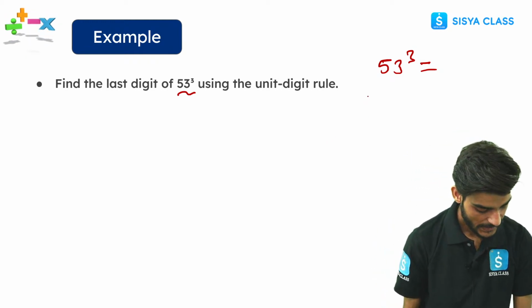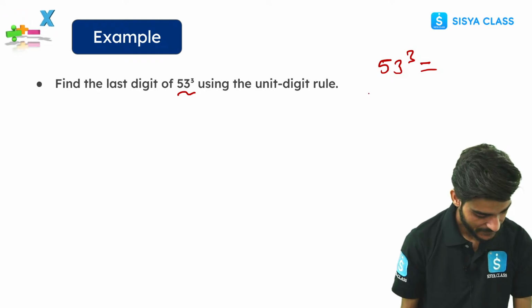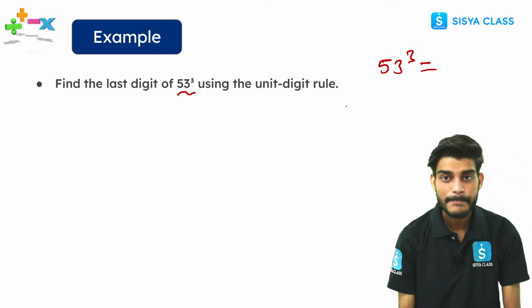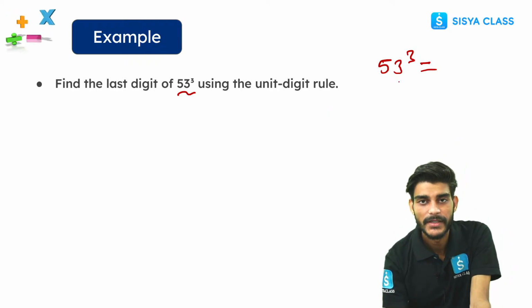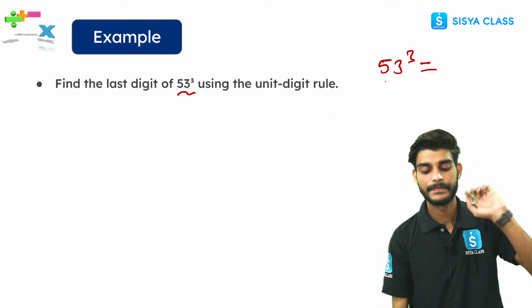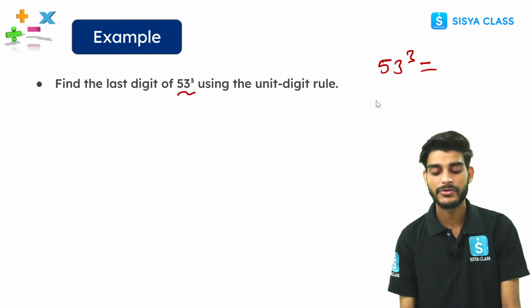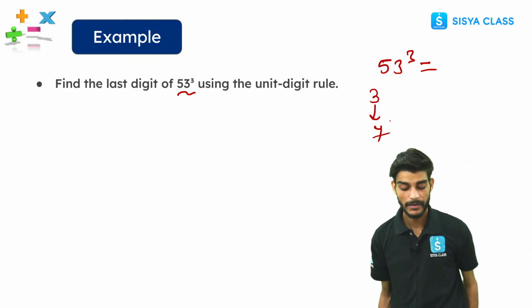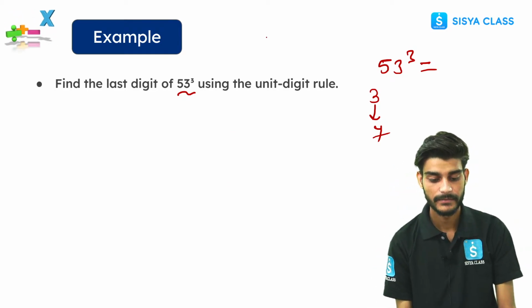Please tell me. Can anyone answer this? Remember the chart? 3 cube, where 3 maps? So 3 maps to 7, right?